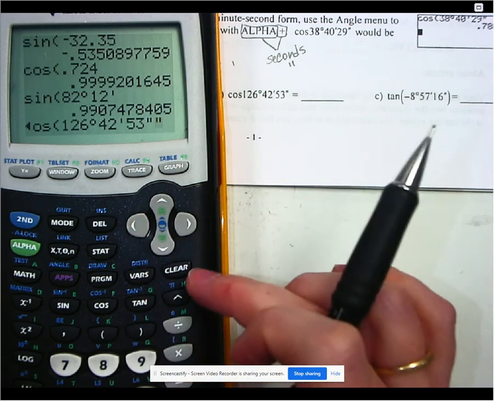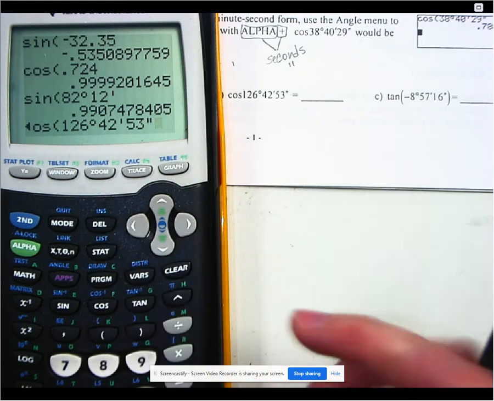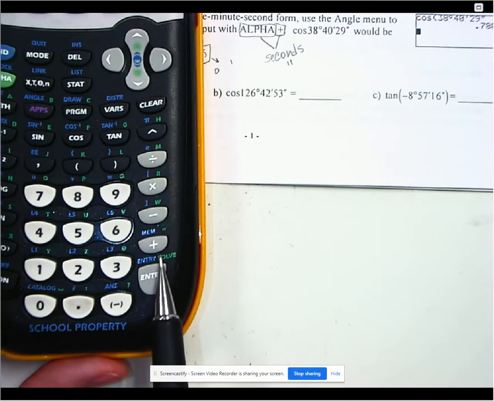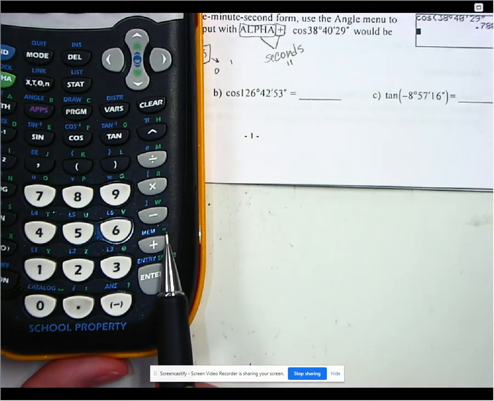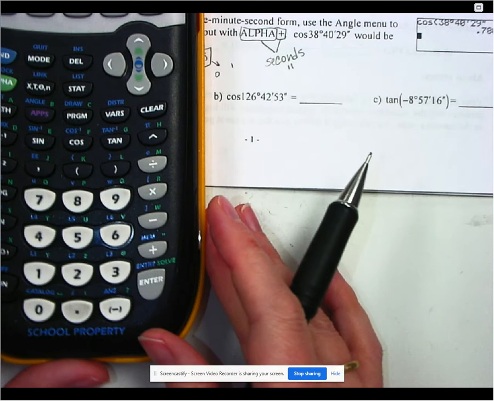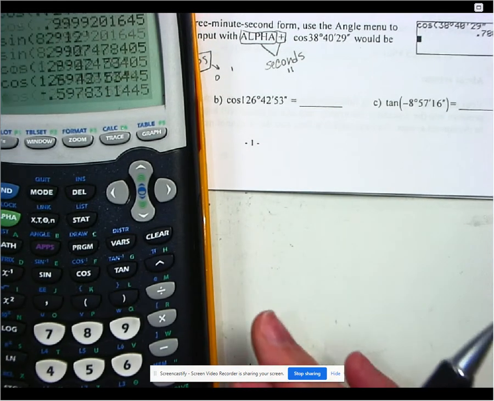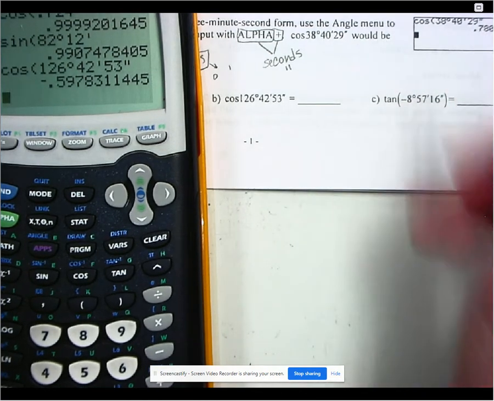Oh, there it is. Sorry. It's because if you look at the plus sign, there's a little green second sign above there. All right.